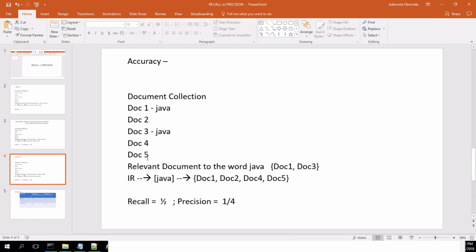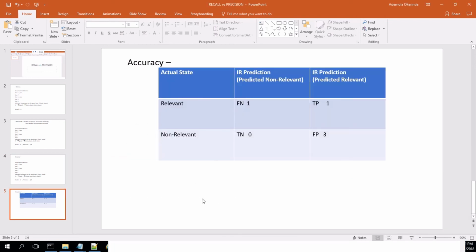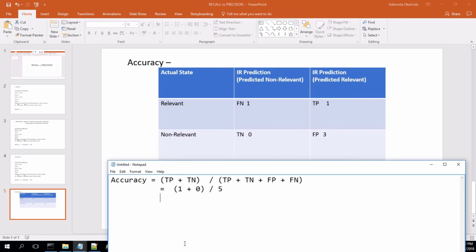As you can see, we have 5 documents, and if we also do the addition, you see that we have 5. So that is how we get this answer. So the accuracy of this system is 20%, which is 1/5.